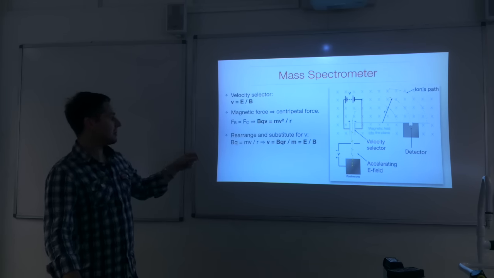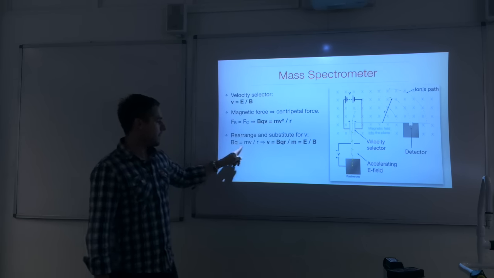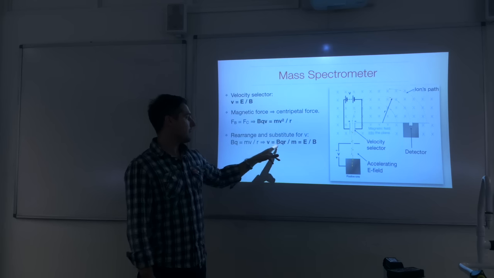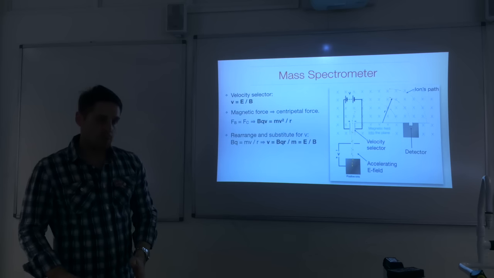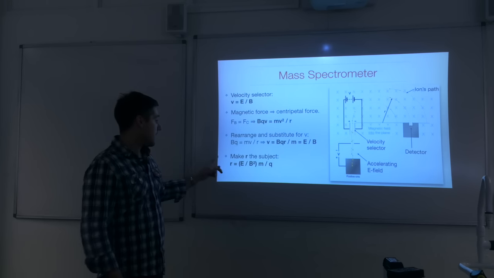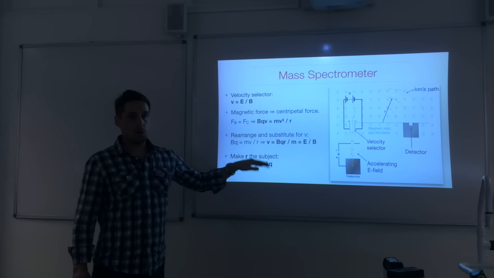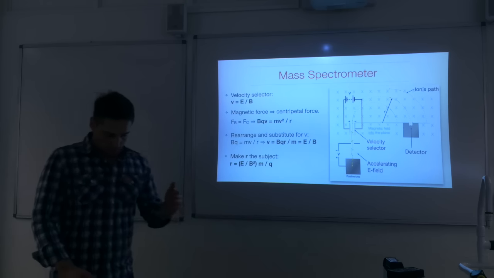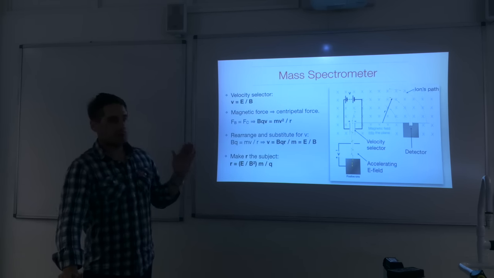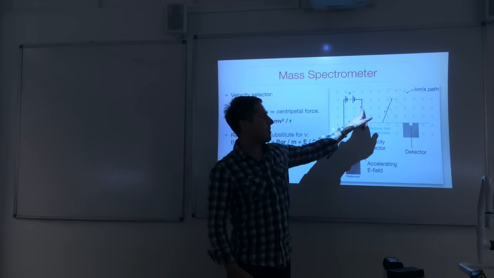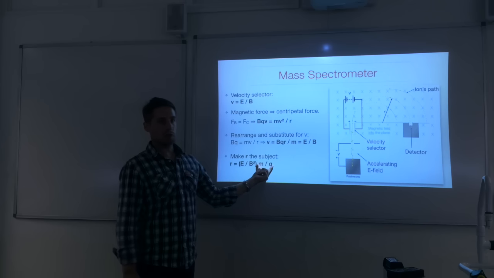If we rearrange and substitute for V, where V was E divided by B, then substitute that in, and we get BQR over M is equal to E divided by B. If we make R the subject, then R is going to be equal to E over B squared multiplied by M over Q. So what that means is that each ion's deflection in the magnetic field is going to depend only on its mass to charge ratio. Okay?